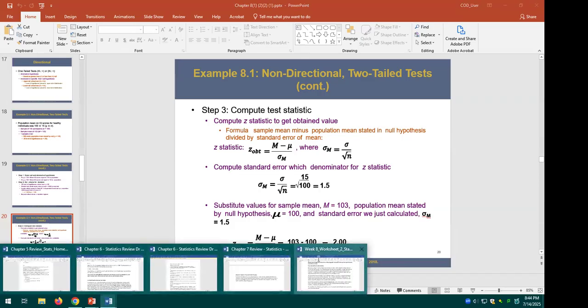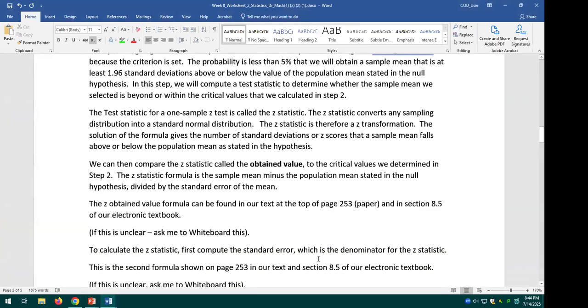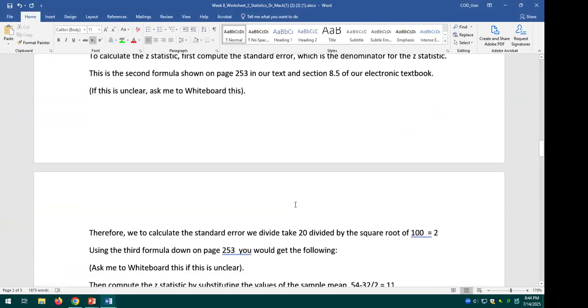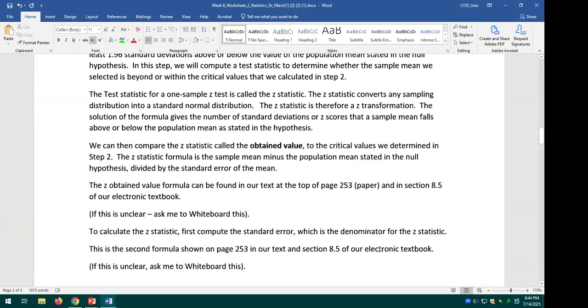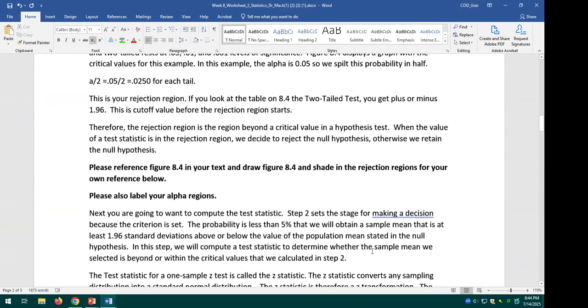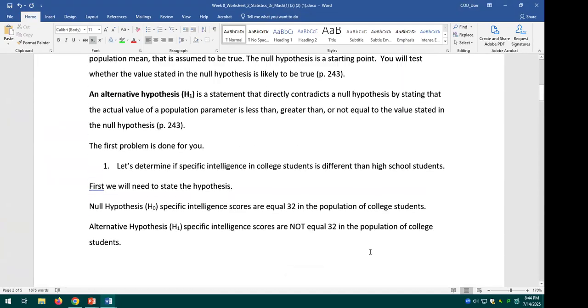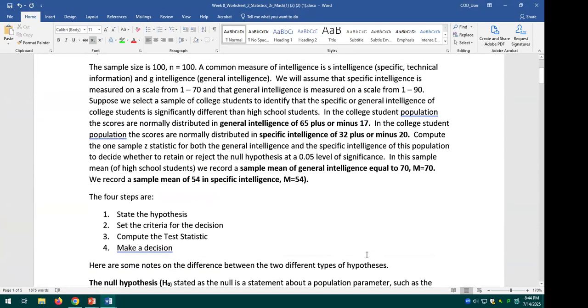For our first one, you would take 20 divided by the square root of 100, which would be 2. Now, where do we get that from? We have our standard deviation right here.